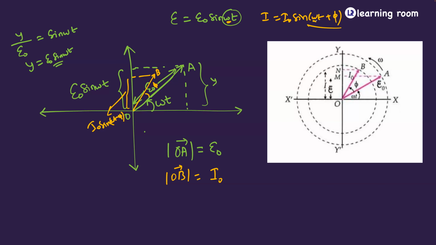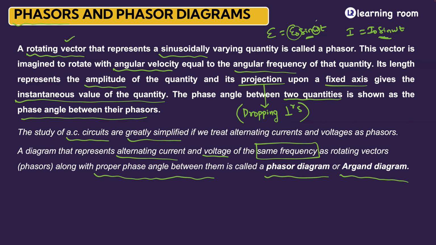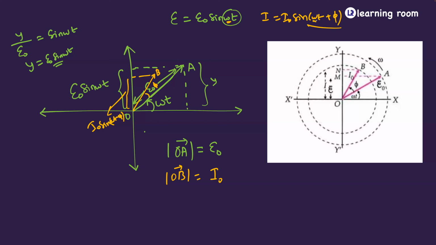They should rotate with the same frequency and along with the proper phase angle between them. This is what is called a phasor diagram. And remember, this is just X and Y, nothing else. Clear with this?